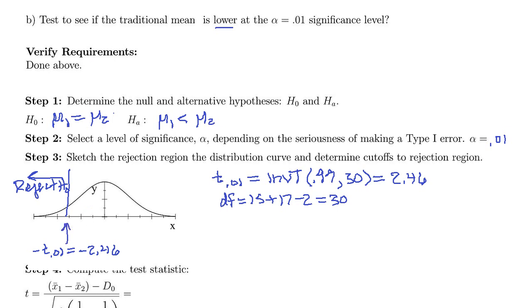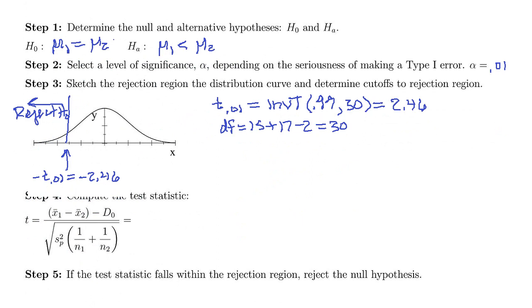Now we'll compute our test statistic. Step 4. The difference of the two means: that first mean was 6.5 minus the second mean, 7.1.